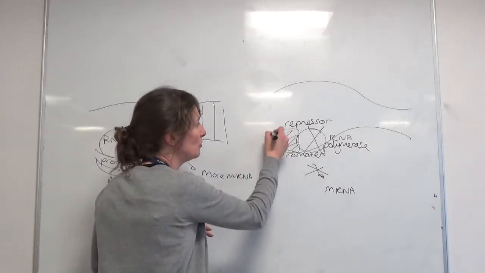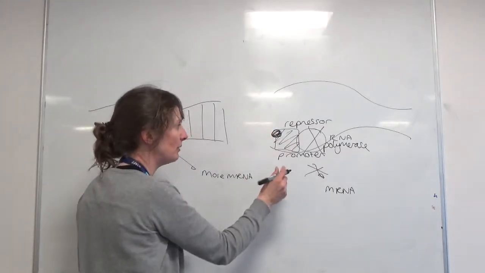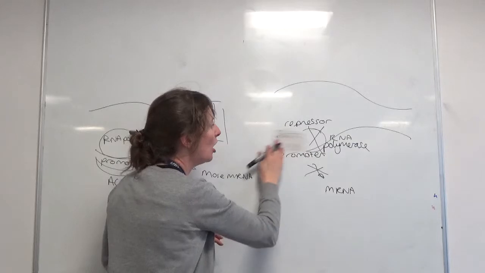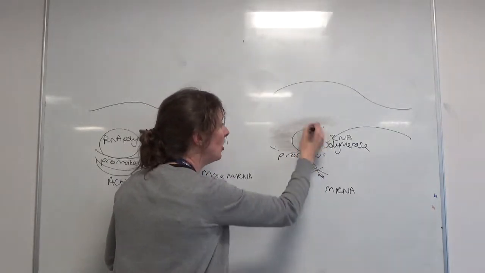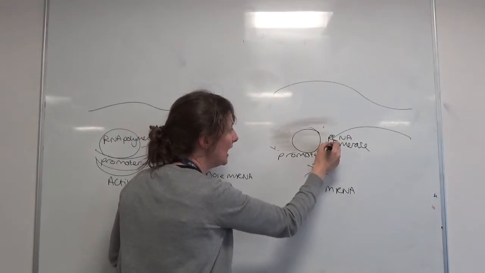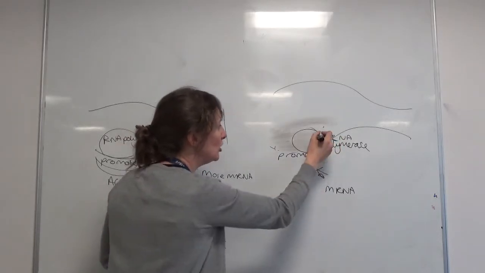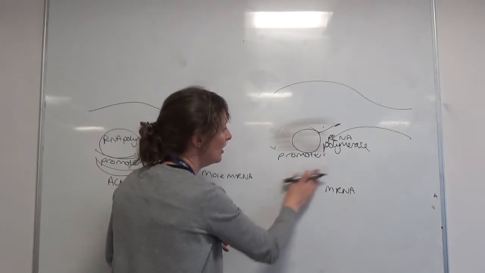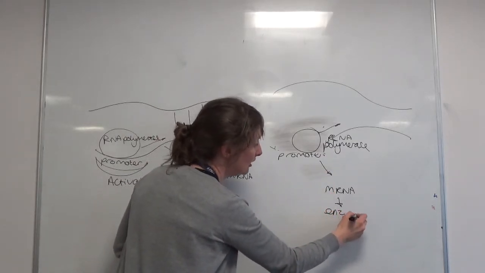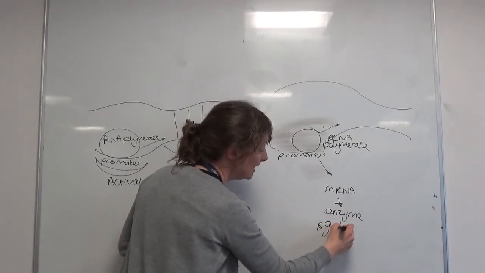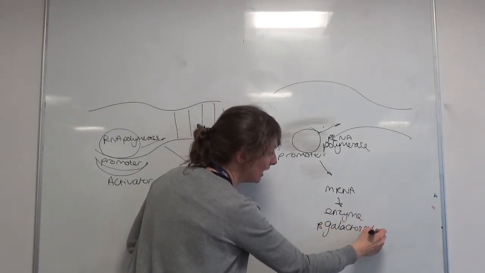So when lactose is present in the cell, it binds to the repressor, that causes it to not be able to bind to the promoter, so therefore your RNA polymerase can bind to the promoter region. You do get transcription, therefore you do get mRNA, so you do get the enzyme beta-galactosidase needed to break down your lactose.